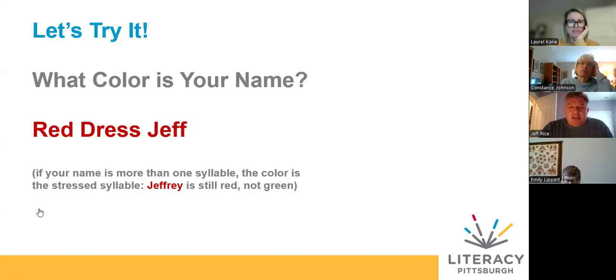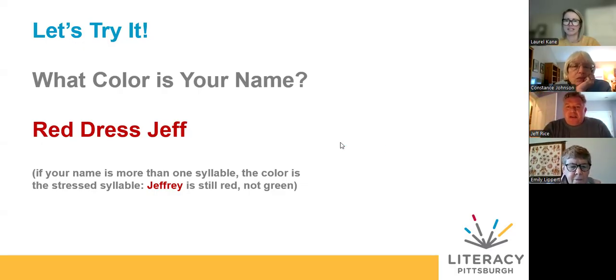So let's see, Bernard, red dress. Peg Ilson. Oh, Peg, nice to see you here. Red dress Peg. So Bernard, I would say, is also a red dress, but it moves towards that R sound. Okay. Anyone else want to try their name? Okay. Red dress Emily.